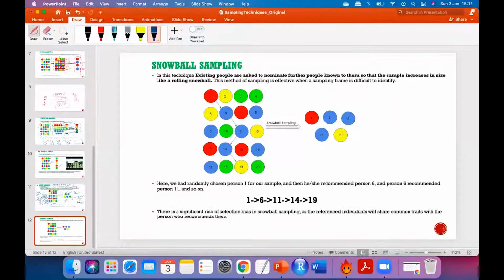Let's say person one got affected with Corona, and in a population of 20 people, we don't know who all are affected with Corona. Only the people who are affected know that they are affected.